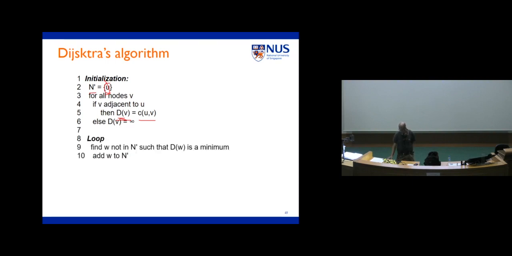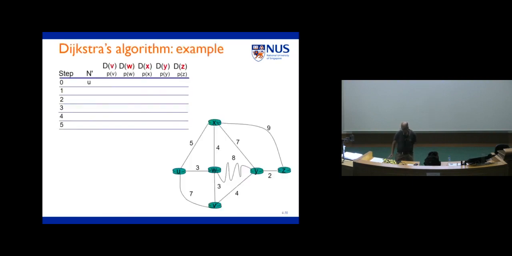Okay. Let me quickly jump here and show you what that initialization means. Here I have a network and we have different costs associated with different links. Let's look at the initialization. That's step number 0.